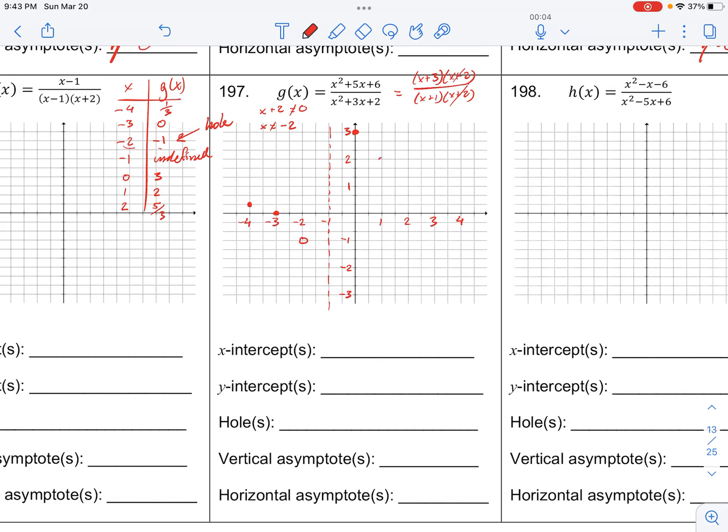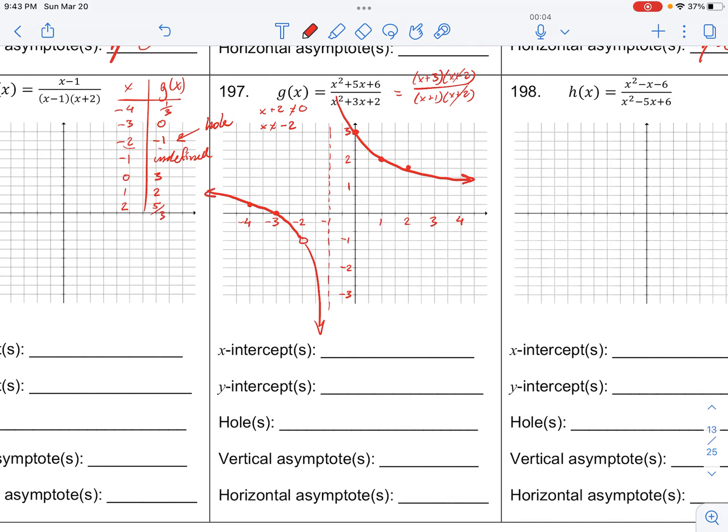At 1, we have 2. And at 2, we have 5/3, which is 1 2/3, so it sits right there. Now, connecting the dots, we'll get a graph that looks something like this. And coming up from this side, it'll look like that.